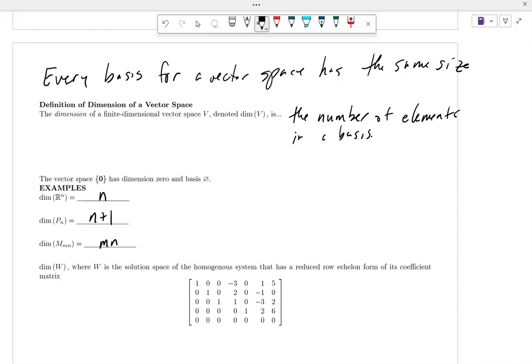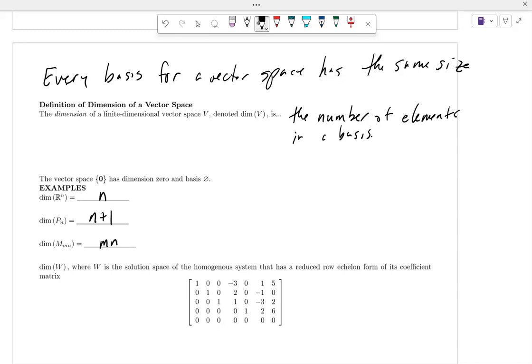Now let's look at this last one just real fast. The solution space. Remember how we did solution spaces? What did we look for first? How did we write our solutions? What did we look for first? The free variables, right? How many free variables do you see here? 3 of them, right? And then I can write everything else in terms of those 3.